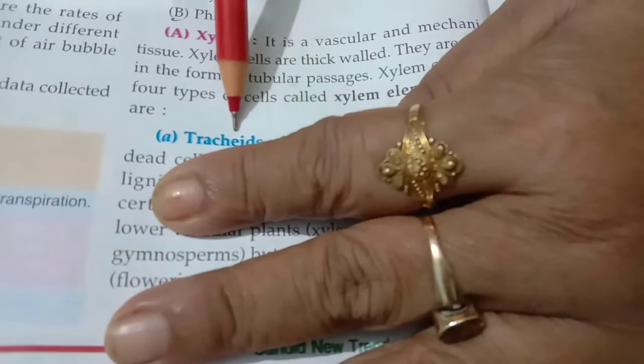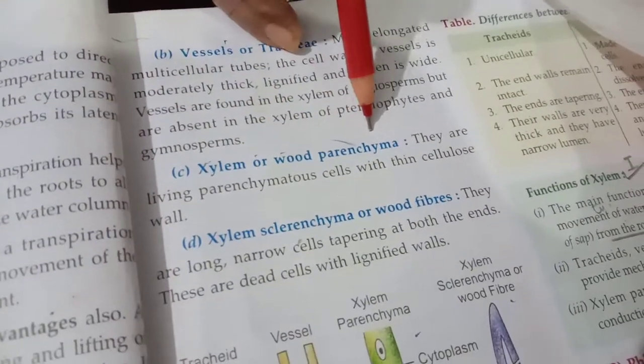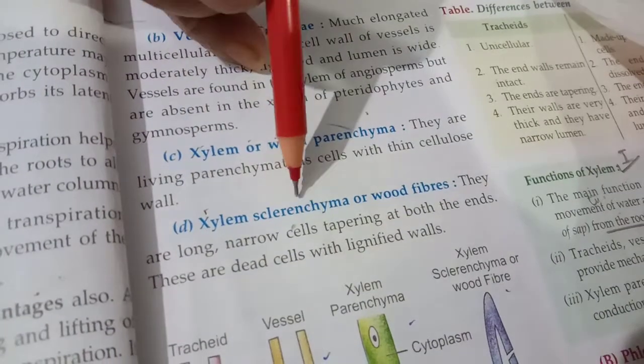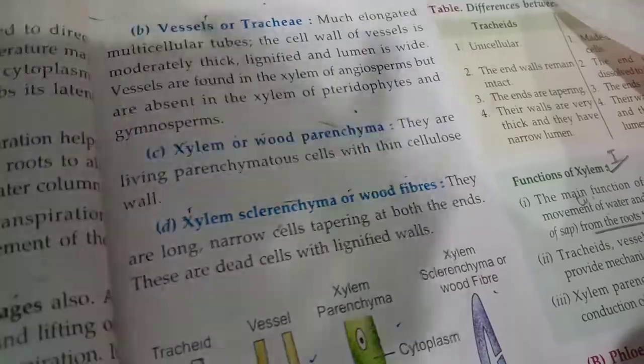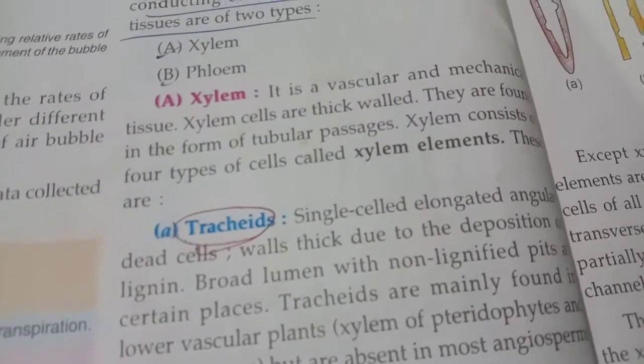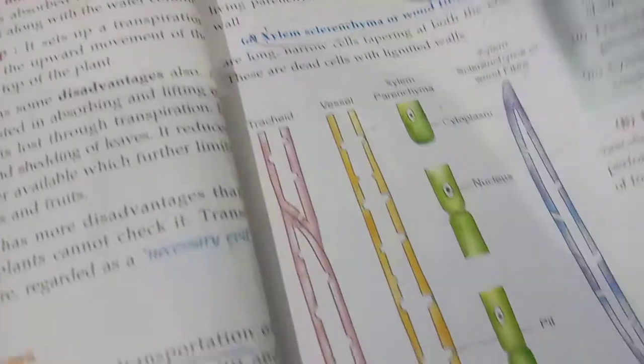Tracheids, vessels or tracheae, xylem or wood parenchyma and xylem sclerenchyma or wood fibers. Just the names, because these are short answer questions. Clear? Come to the next question.